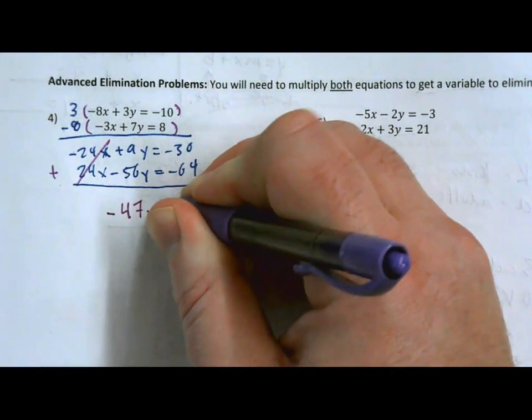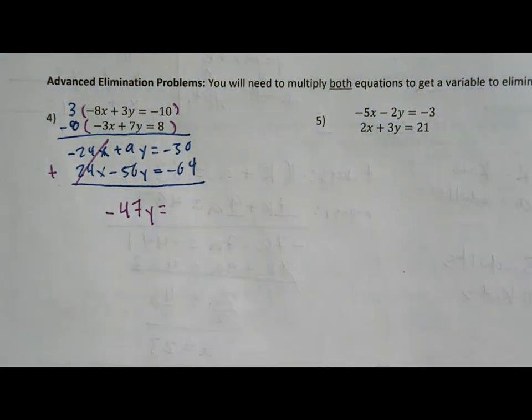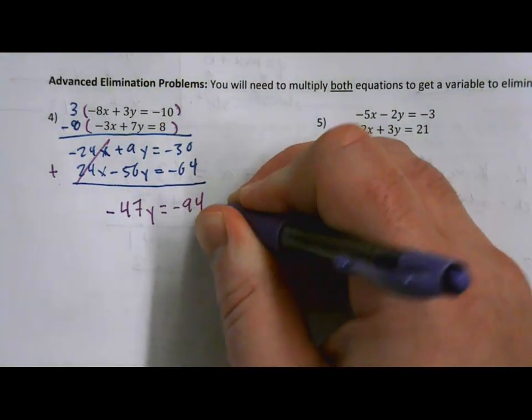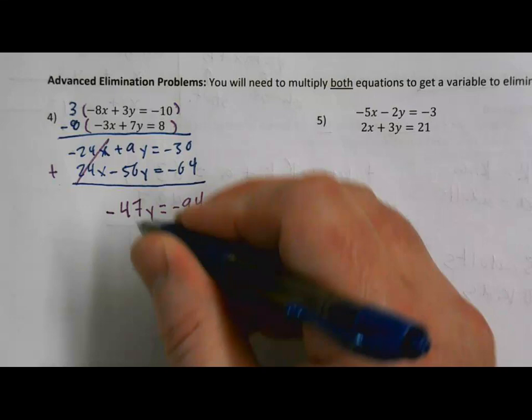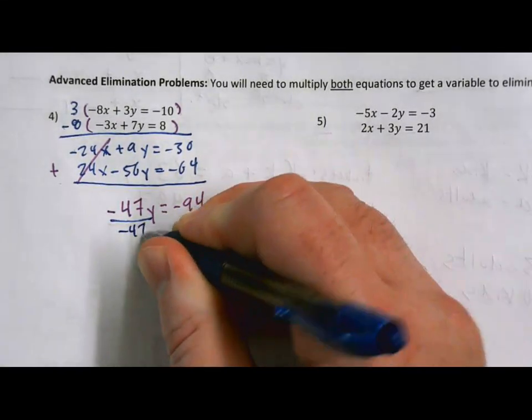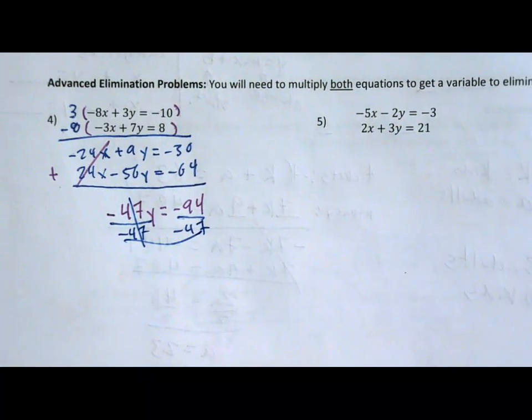Can someone check that in a calculator, please? It is? Okay. And this is -94. And that's got some bigger numbers and some negatives, but it should be just one quick step to solve. We're going to divide on both sides by -47. And that'll get us y equals 2.